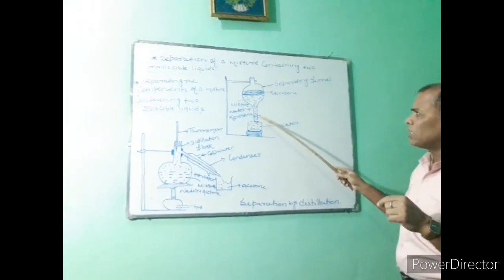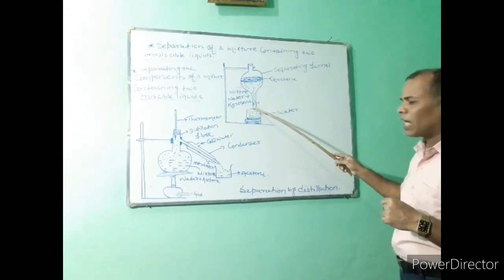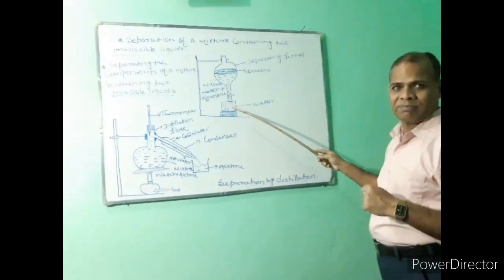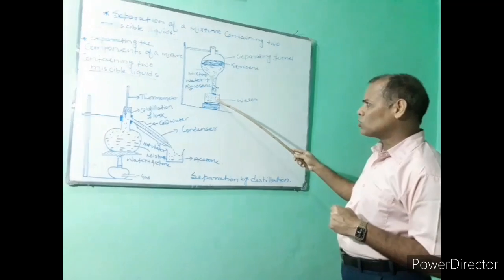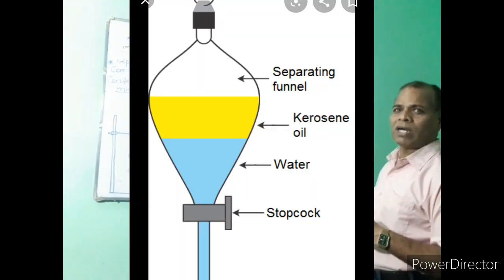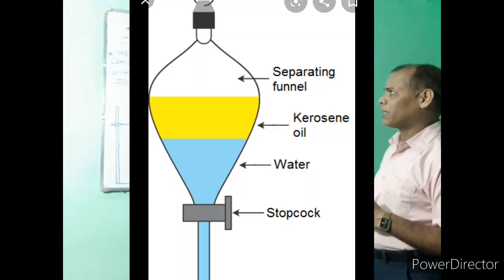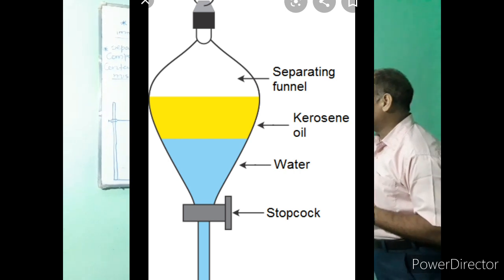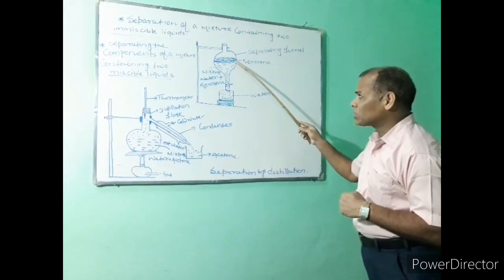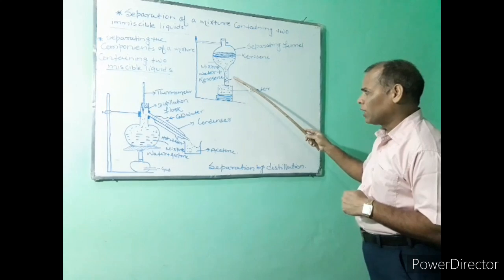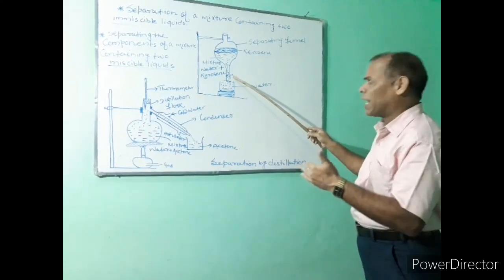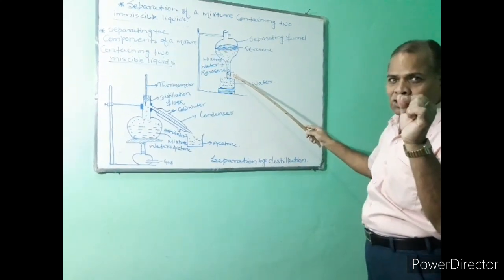Now here is a stopcock. When you open it, slowly the water starts to come out. That water can be collected in a beaker, but make sure that when the kerosene is about to reach the stopcock, you close it.